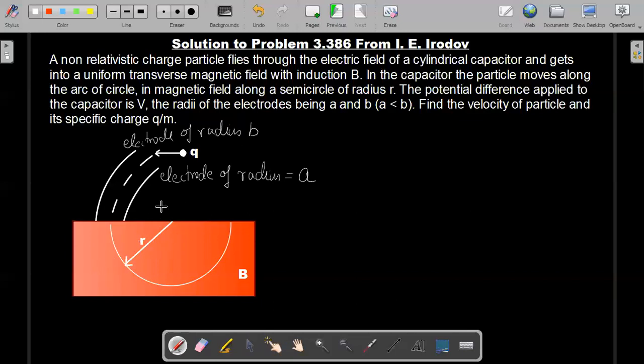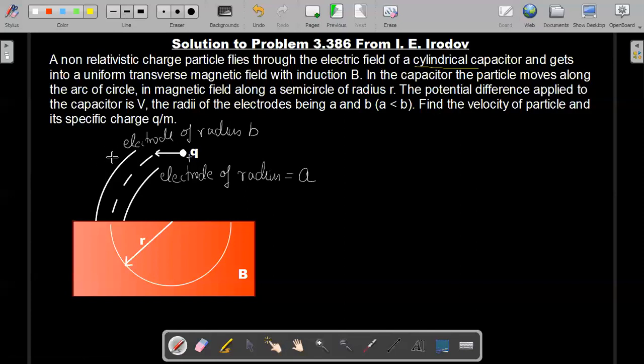We assume it is a positively charged particle. Now the first concept is inside a cylindrical capacitor. Notice that we have been given a cylindrical capacitor. So inside a cylindrical capacitor, we all know the electric field lines are radial.